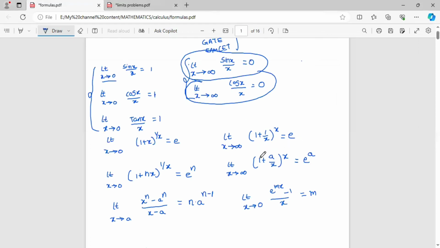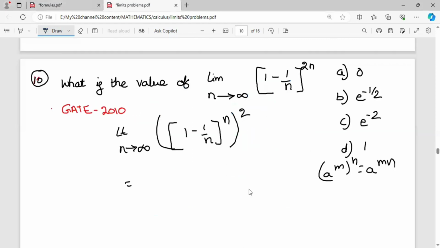In a similar way, limit x tends to infinity 1 plus 1 by x whole power x equals e. So similarly we get e power minus 1, whole square. So the option becomes e power minus 2. So option C is the correct one.